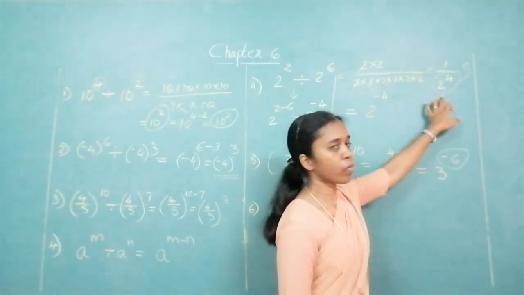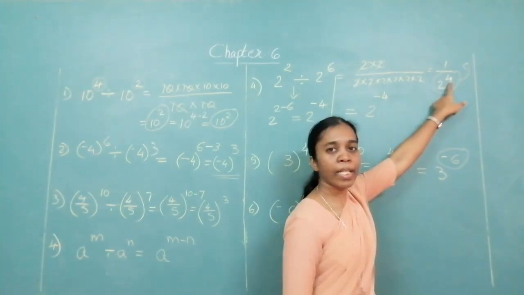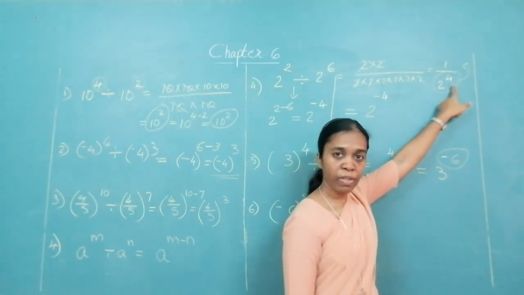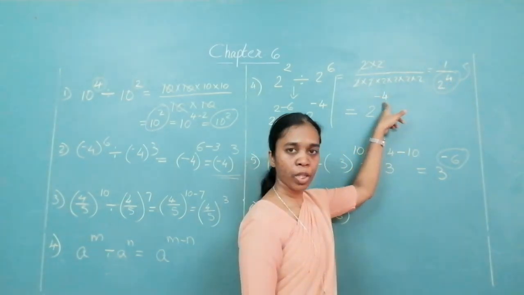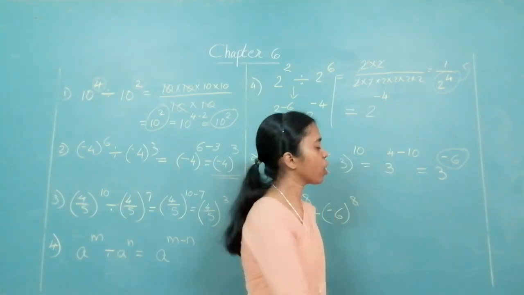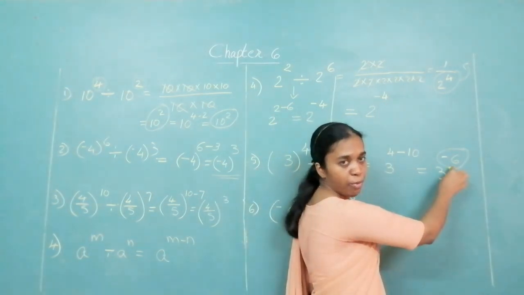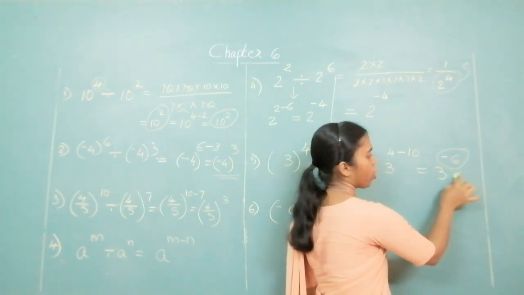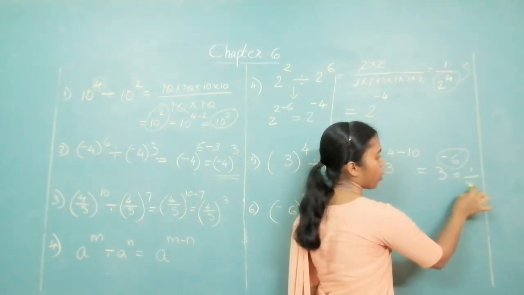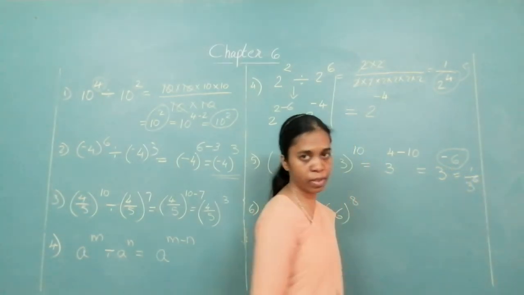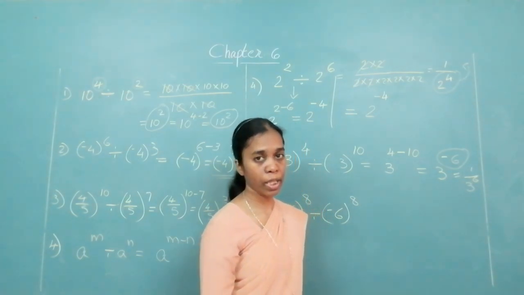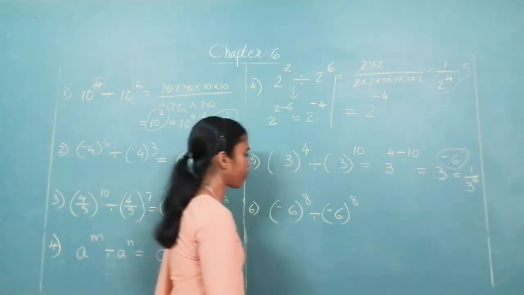You look here. In this case we have the index in the positive form. When we took it into the numerator, it became the negative form. So if I want to write this in the positive form, then this comes in the denominator. That is 1 upon 3 raised to 6.